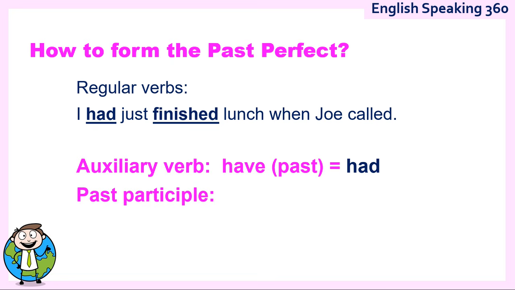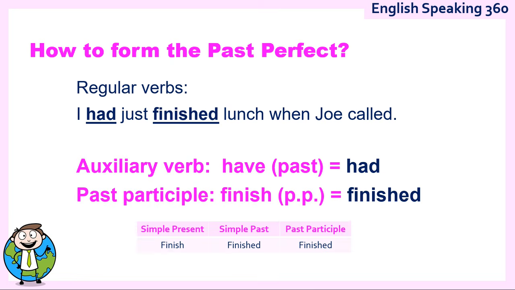So we have had. And the past participle, you have to use the verb finish. So the PP, or the past participle of finish, is finished. So here you can see in the chart at the bottom that the simple past and the past participle have the same form. And that is for all regular verbs.